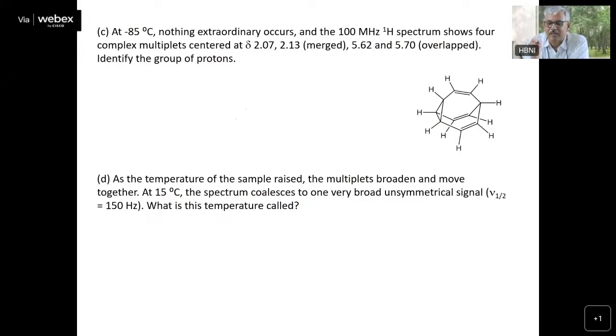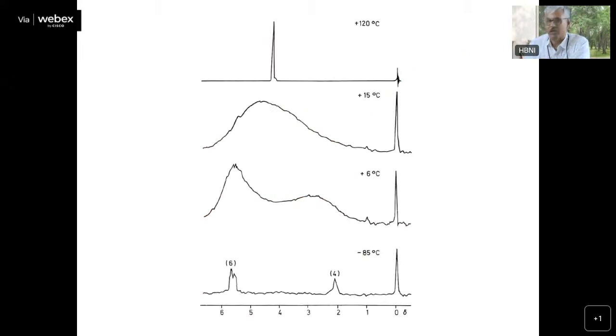The 100 megahertz one-H spectrum shows 4 complex multiplets. Although here you see one multiplet, there are actually two, but somehow it has merged. There are also two multiplets here. We have seen the molecule contains 4 groups of protons.